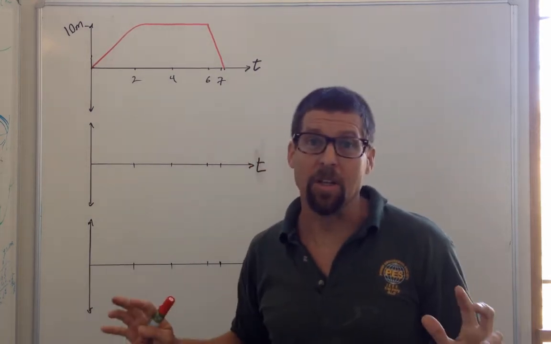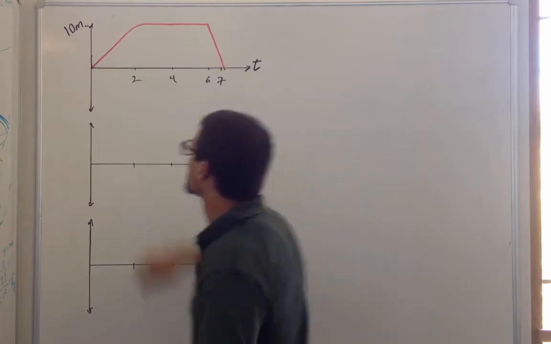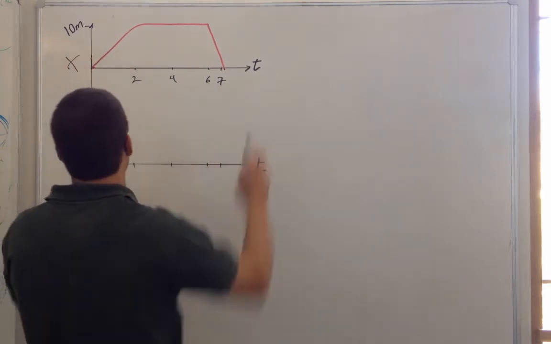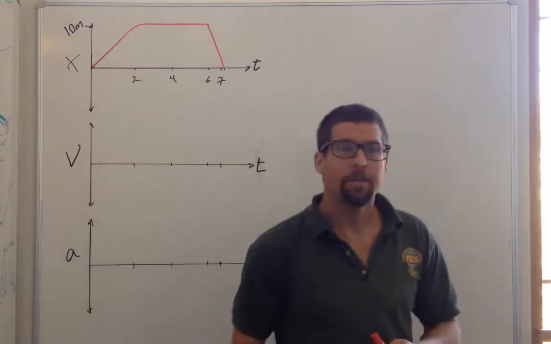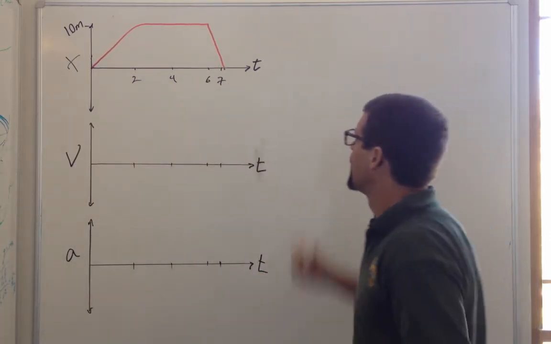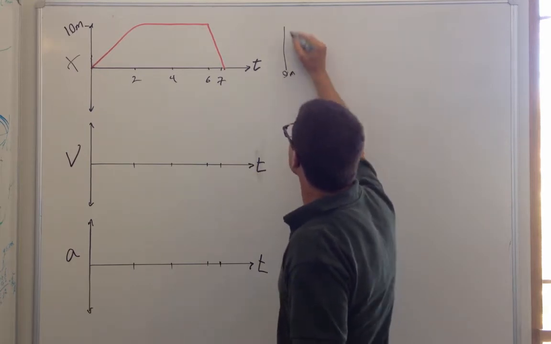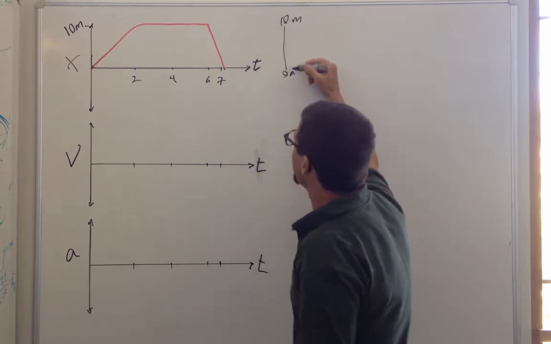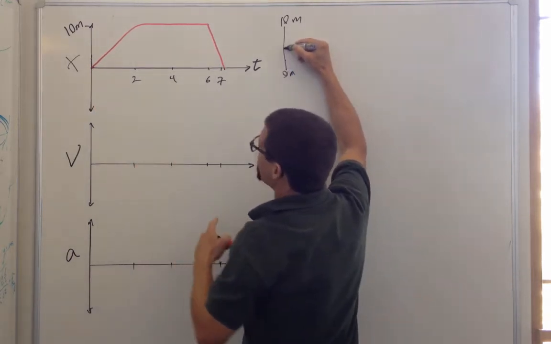Okay, for the example in class, we start with the displacement graph versus time. We want a velocity and an acceleration graph. First, let's think about what's happening. Here I am. This is like 0 meters, 10 meters. In 1 second I'm here.